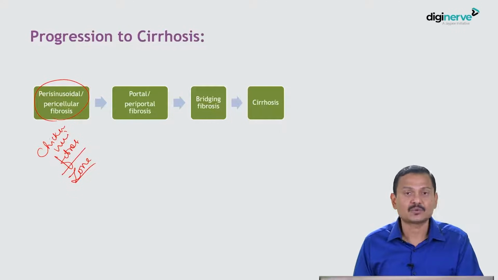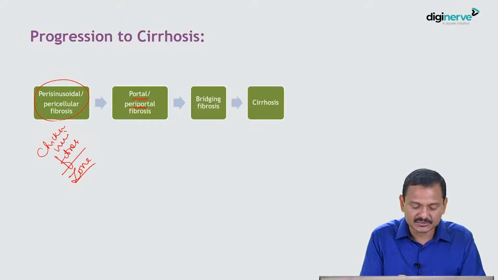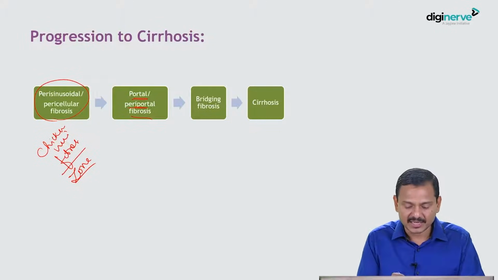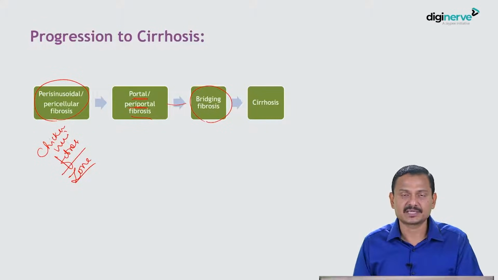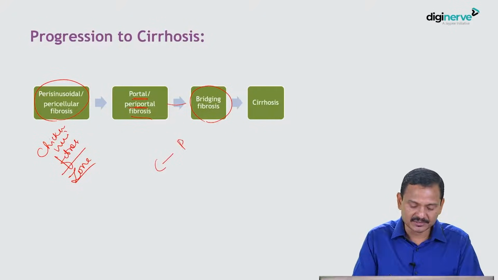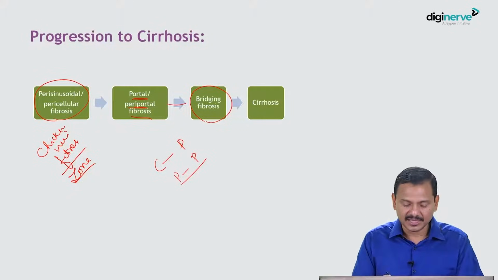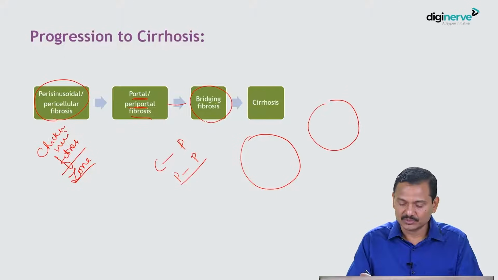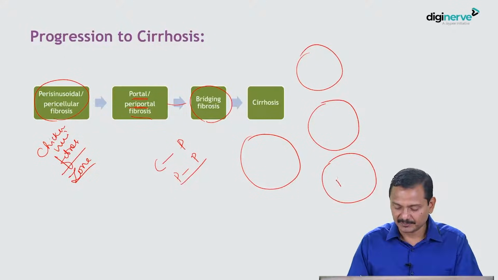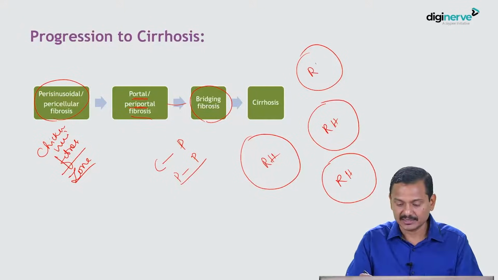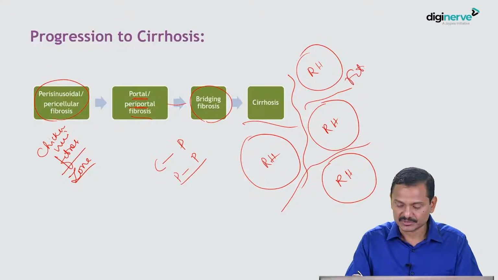Then these will progress to portal as well as periportal fibrosis, and then there will be bridging fibrosis, that is central vein to portal, or it can be from one portal to another portal, and then that will lead to nodules of regenerating hepatocytes. This is RH, regenerating hepatocytes, and in between will be areas of fibrosis. So this is how a cirrhotic liver will look in microscopy.